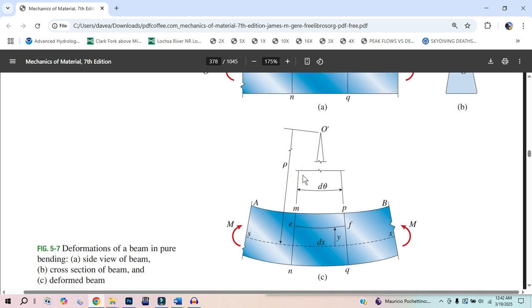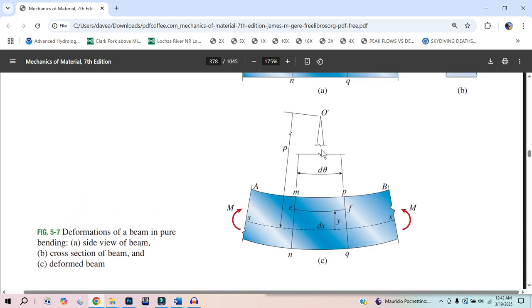But what we can look to make curvature make sense when it comes to sign convention is I can say the origin up here is in the positive y direction, so this radius is going to be a positive quantity. Now, if this was frowning faced, then the origin would be down here, and rho would be a negative number. And so there you go.